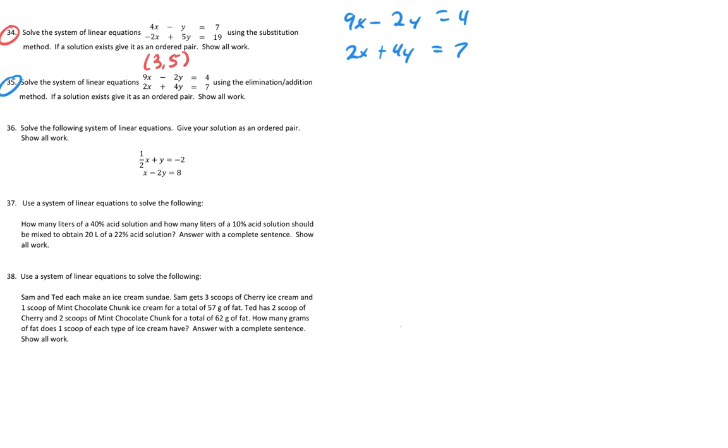The first thing with the elimination method, we want the same magnitude in terms of one of them, but opposite signs. So the easiest one here would be to try and get this 2y and that 4y to be the same value. So I'm going to multiply that first equation by 2.